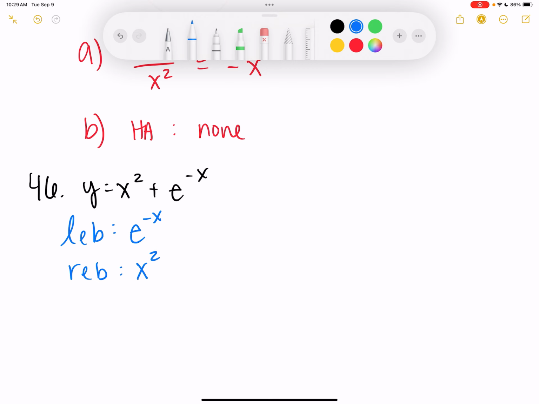So if we looked at 48, y equals x squared plus the sine of x. This one's going to be a little bit different if we type this one in. I don't remember if we have to do zoom standard or zoom trig because there's a trig function in here, so we may have to do it both ways to see.